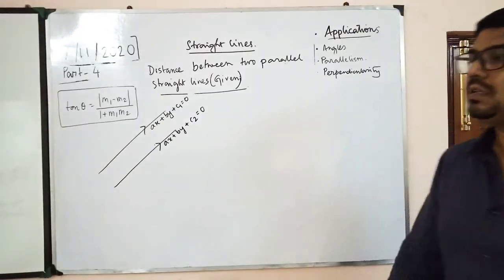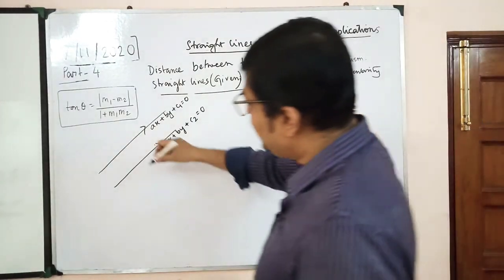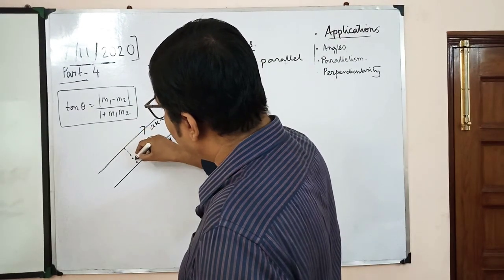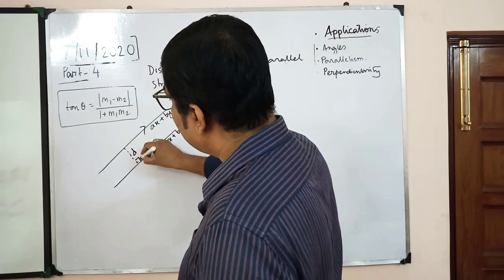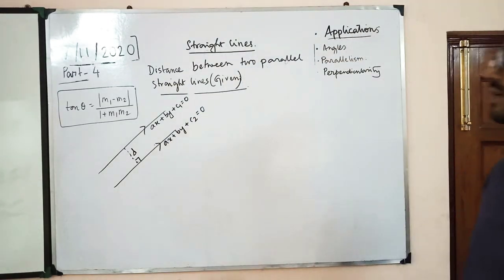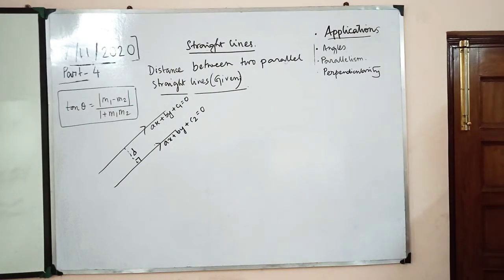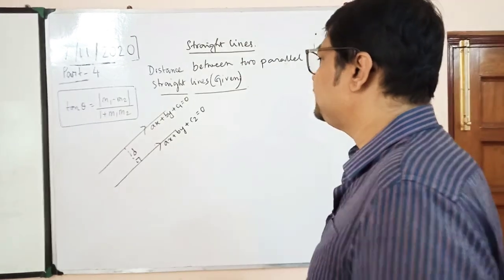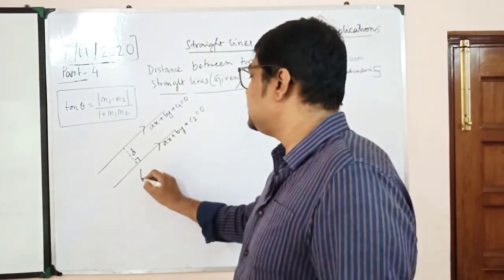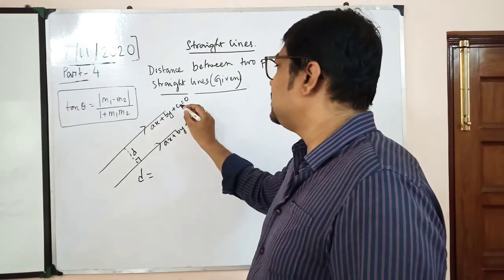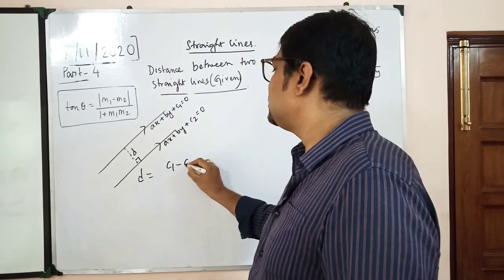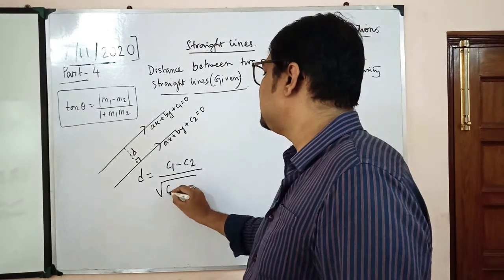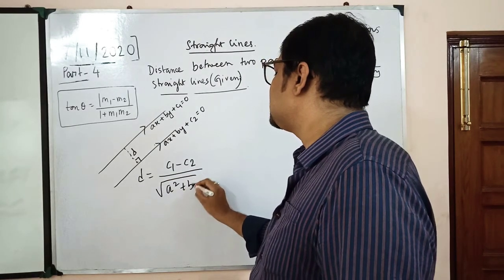Okay, I think you understood. Now I want to get the distance between them. Obviously the distance between them will be the perpendicular distance. Okay, the perpendicular distance between these two. So this will be given as the difference of these two constants, c1 minus c2 by root over a square plus b square.